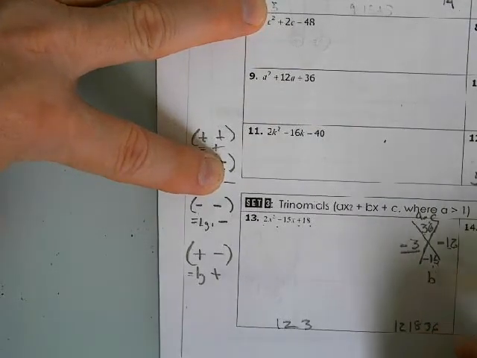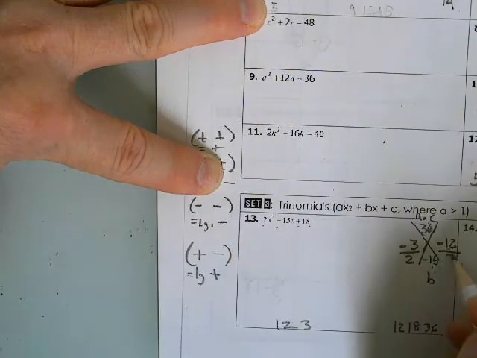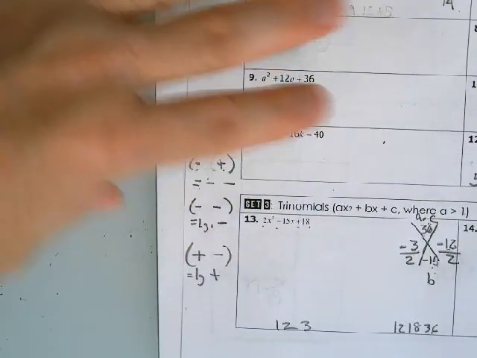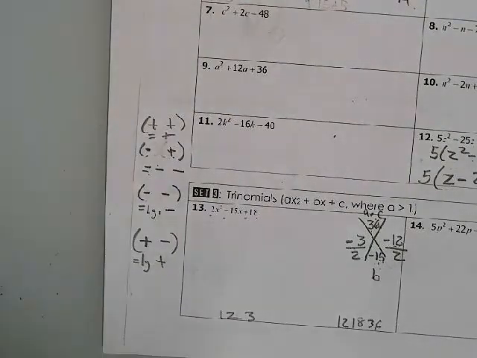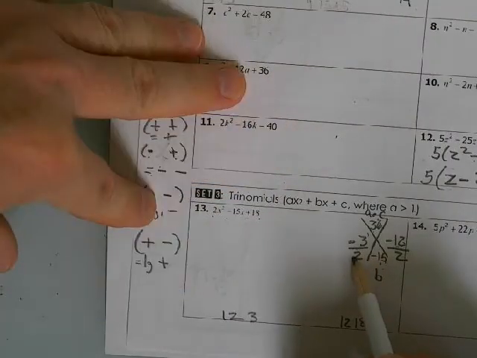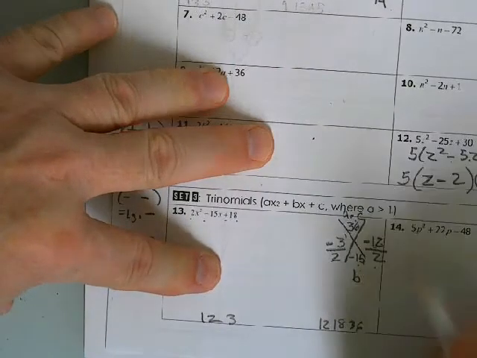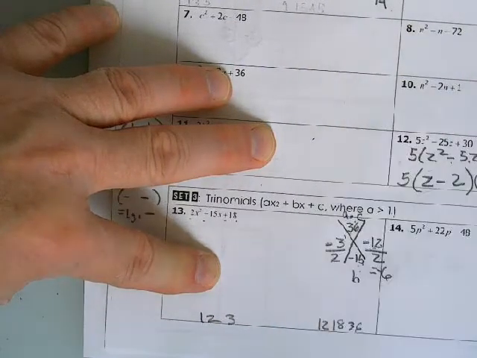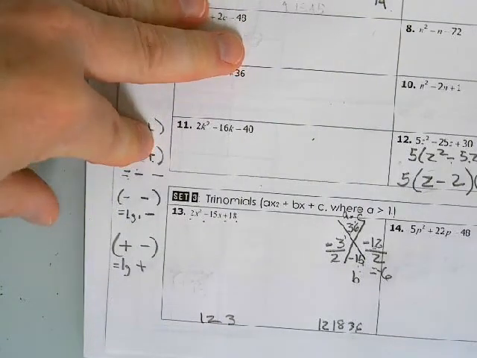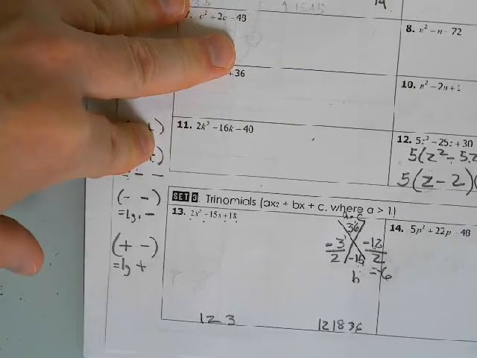Then we divide both of these by our A value, which is 2 in this case. Hopefully, y'all are good at this. Will 3 over 2 reduce? How about negative 12 over 2? That equals a negative 6. Okay? So, I'm going to go through this about 3 times, so please pay attention right now.